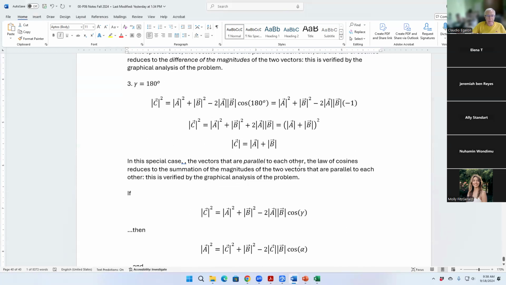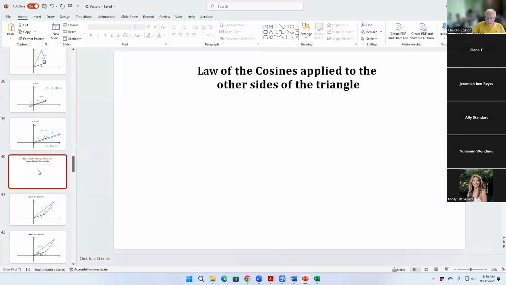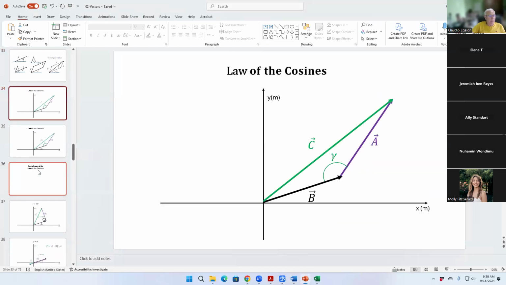And the law of cosines reduces to the summation of the magnitudes of the two vectors. This is verified by the graphical analysis of the problem, and I want to keep it recorded here, how they are illustrated here. Right?